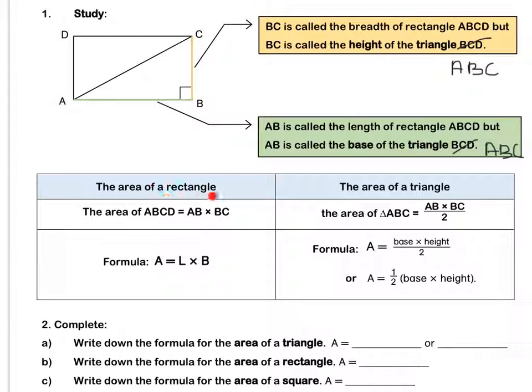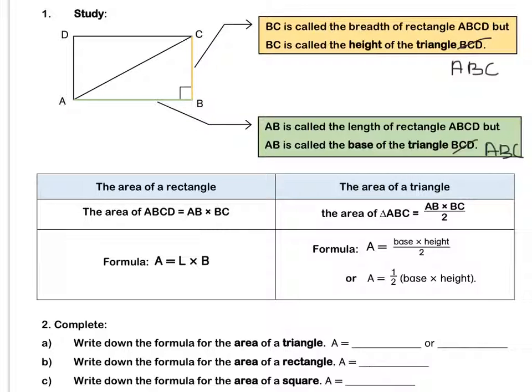The area of a rectangle, for this case of ABCD, is AB times BC, or its length times its breadth, which is the formula. Now if we look at the area of the triangle, we know that the area of the triangle is exactly half of the area of the whole rectangle.